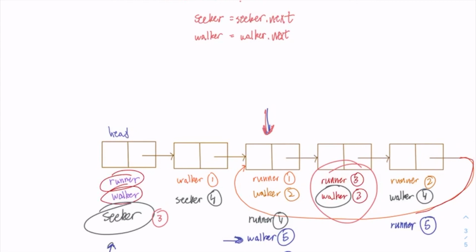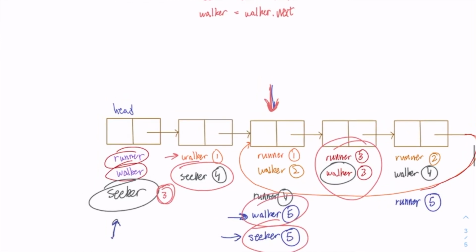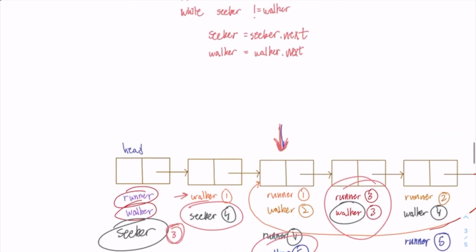So this is basically the same thing we've been doing with the seeker example, where seeker is not equal to walker at time 3. Here, seeker is not equal to walker at time 4, because this walker is only at time 1 and it's not the same time that they are both existing. Seeker, when it iterates to this node, is finally at the same place as walker is, at the same time as well, because it's time 5.